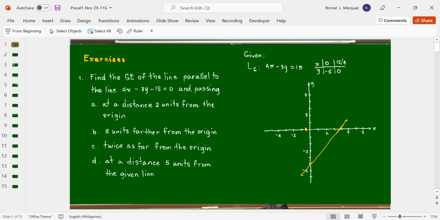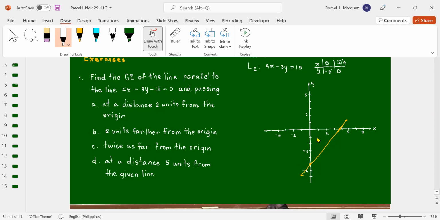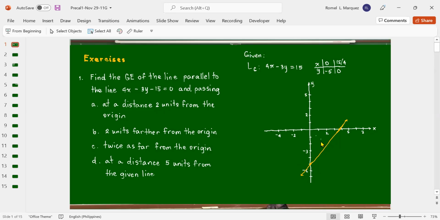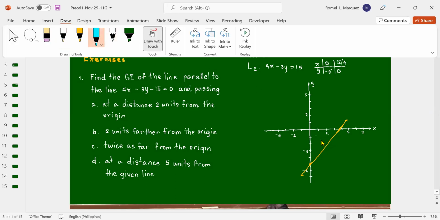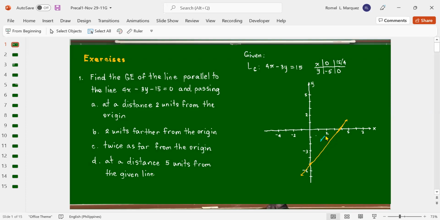So approximately 1, 2. So approximately parallel to the yellow line and 2 units from the origin. Am I right, guys? It can be below, it can be above. Get it, children?